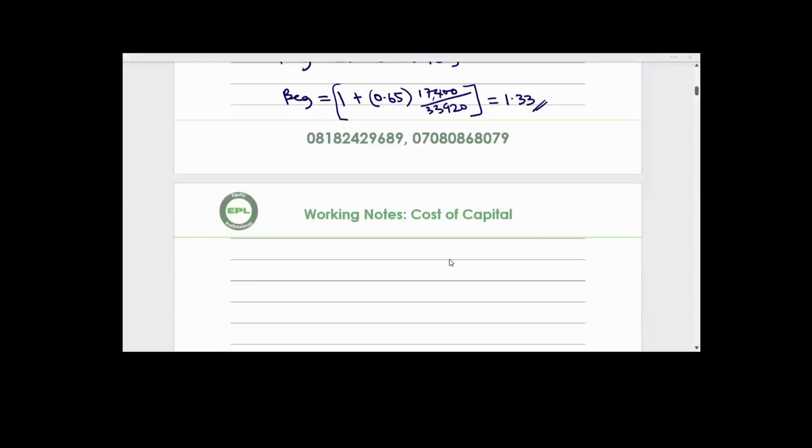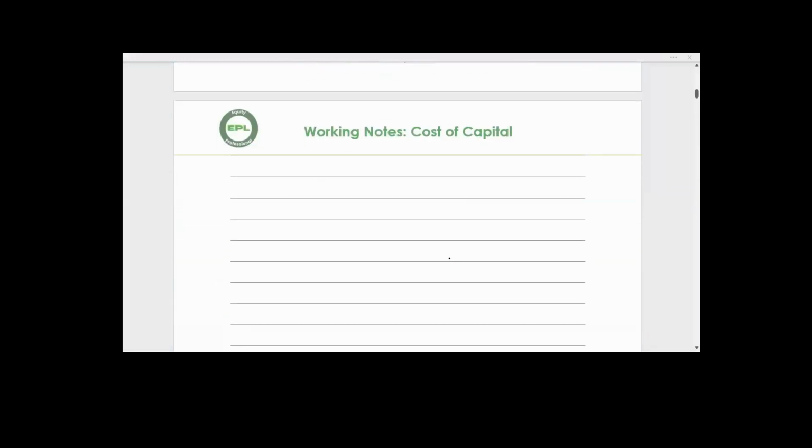Okay. Step 4 now. We need to calculate cost of equity, denoted as KE. So KE equal to risk-free rate of return plus beta value in step 3 multiplied by market return minus the risk-free rate of return.